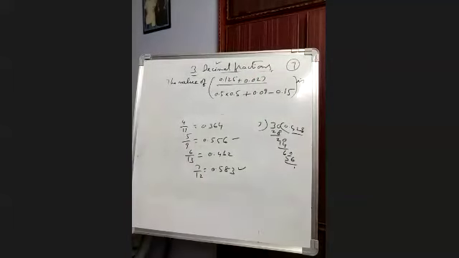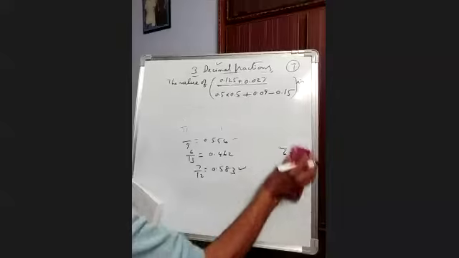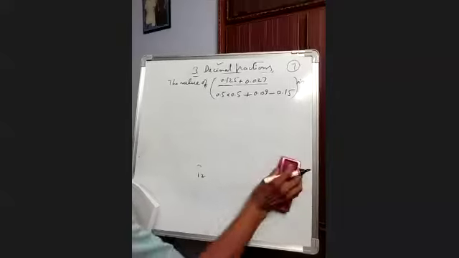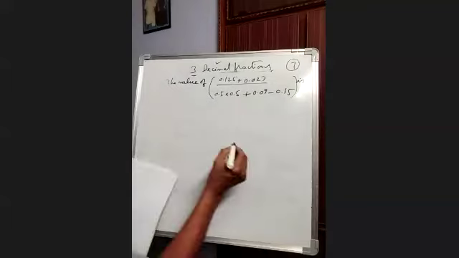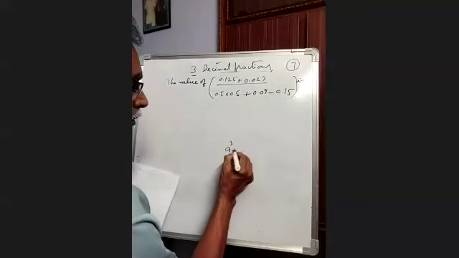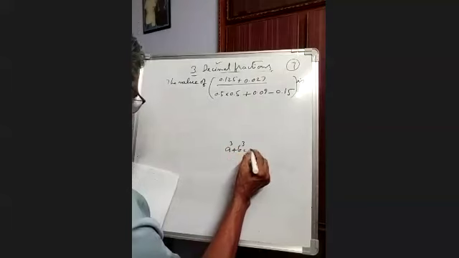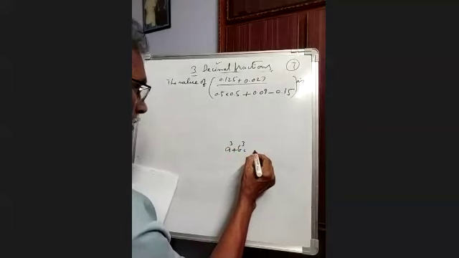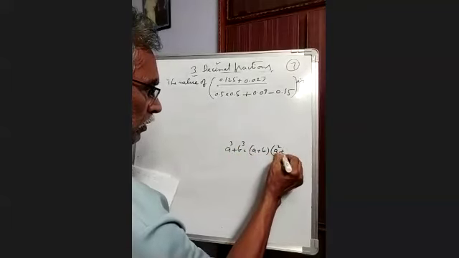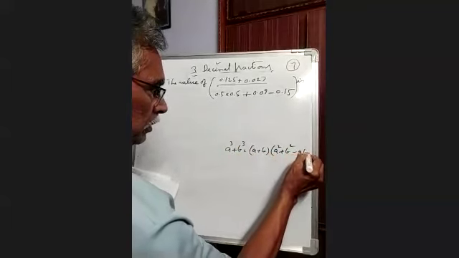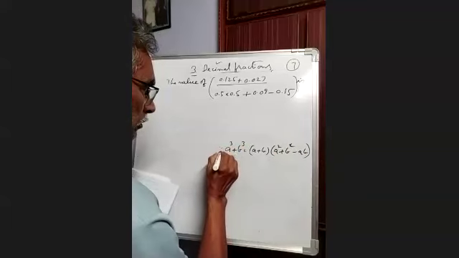Simplification again. You have to do it with the formula that I will give you first in the beginning. A cube plus B cube is equal to A plus B into A square plus B square minus AB. You will use this here.